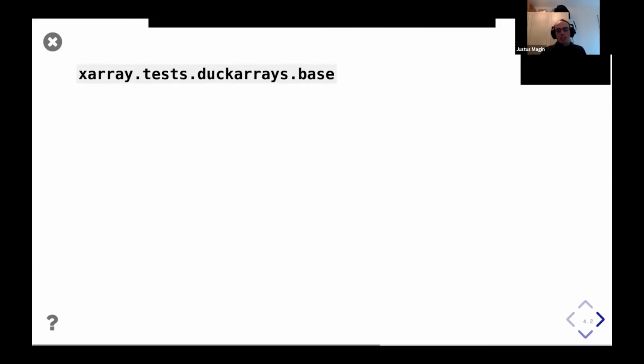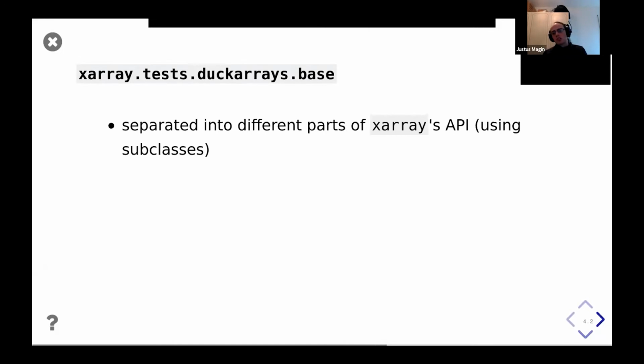And we use this to group Xarray's API into several parts and provide base classes for these, such that a duck array library can decide which parts of the API it wants to support.